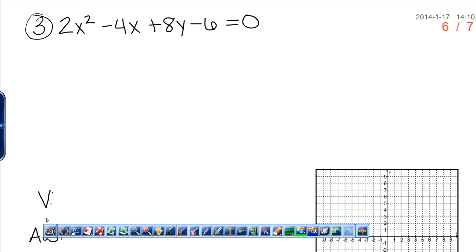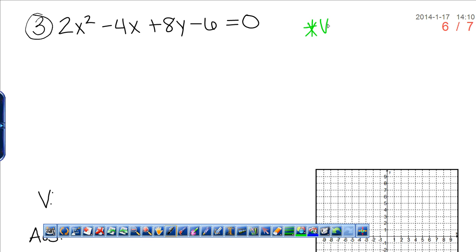The first thing is you should be able to tell that this is a parabola. The way you tell this is a parabola is there is only one squared term. Do you see that? There's only an x squared. In all our other conic sections, circle, ellipse, and hyperbola, there was x squared and y squared. Okay? So I know it's a parabola, and I know that it is a vertical parabola. The reason I know it's a vertical parabola is because x is what's being squared. When x is squared, you have a vertical parabola. Everyone okay with that? Okay.